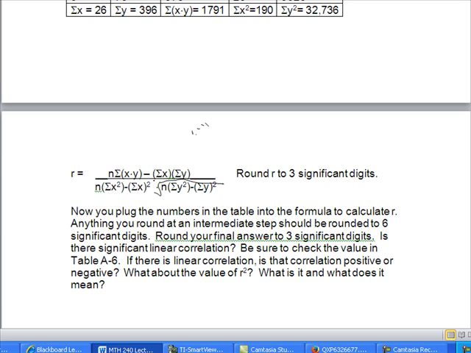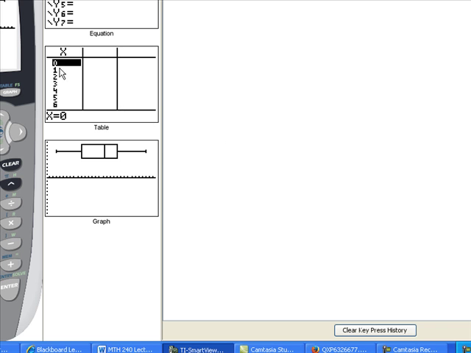Now you're probably going to hate me, but I'm going to put the numbers into the TI Smart View. Yes, we can make our way through these and calculate all of them, but I'm going to show you with the calculator. I'm trying to move my window if I can.